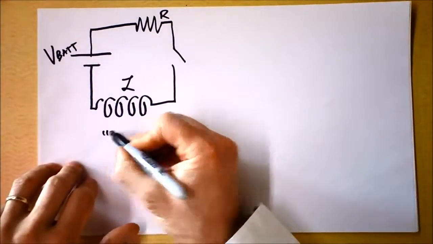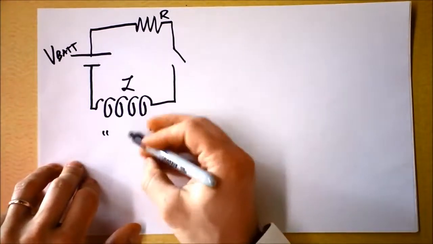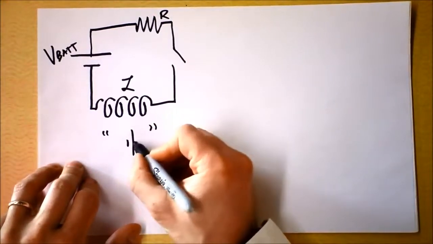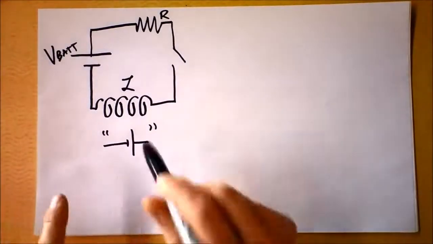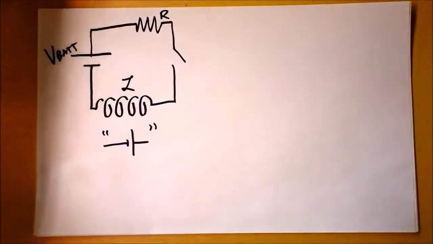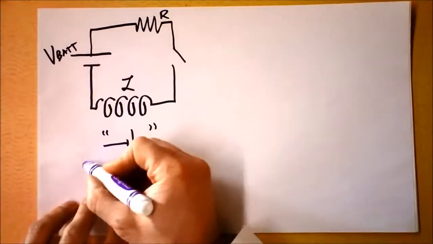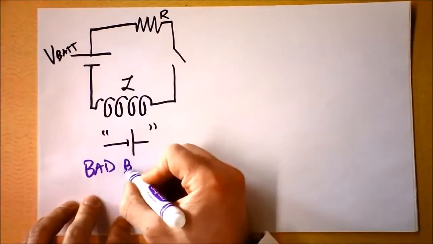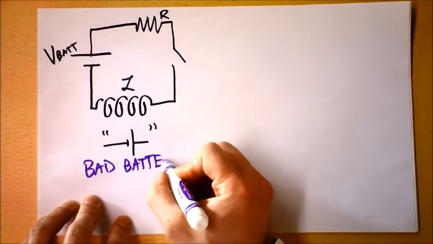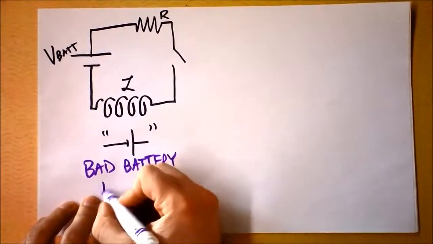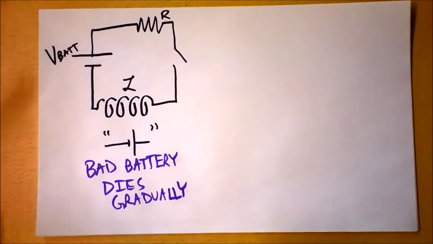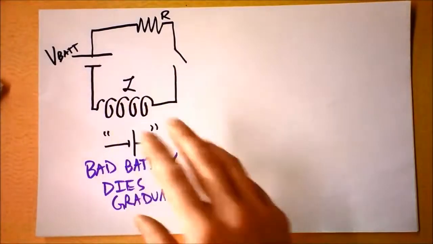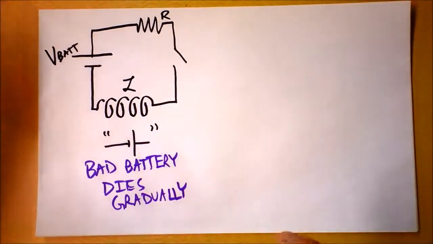The inductor becomes as if it's a battery facing this direction that says, no, don't let a current go through me. And gradually, the bad battery dies. And we want to study how that bad battery dies. This is very similar to capacitance, and I think we'll see a few ways that this ties into capacitance. But I like to think of an inductor as current inertia.